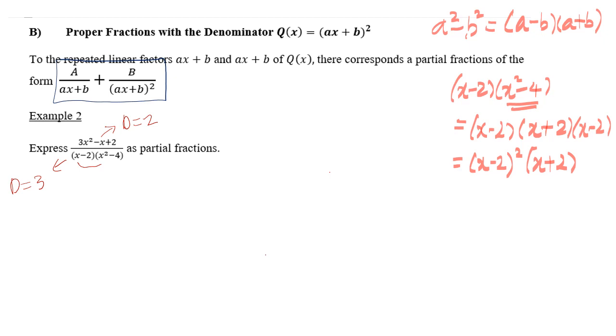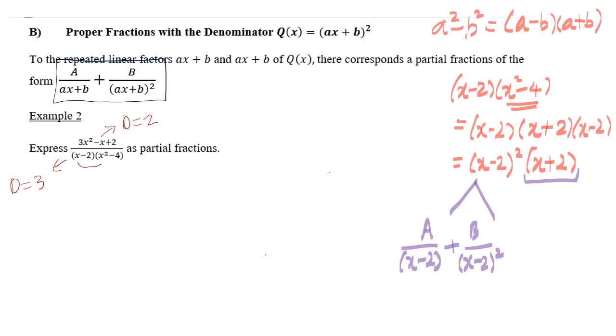Okay, right. So we learned that if your denominator is a repeated linear factor, we can break it up into two partial fractions, right? One of them is a over x minus 2, and the other one is b over x minus 2 squared. Then how about this third linear factor?